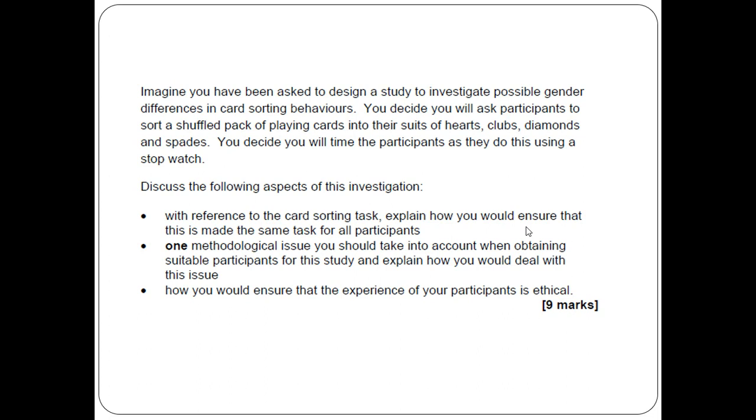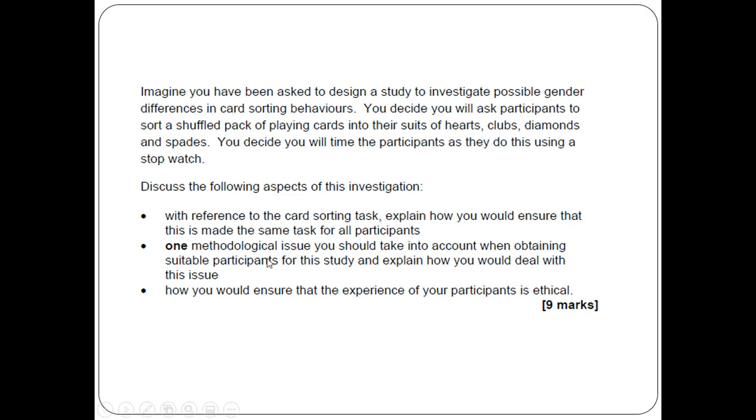One methodological issue when obtaining participants. Now, methodological issue is to do with the task that they are doing. These people are sorting cards. Your methodological issue is something along the lines of their experience sorting cards or their ability to sort cards. So how familiar they are with cards.